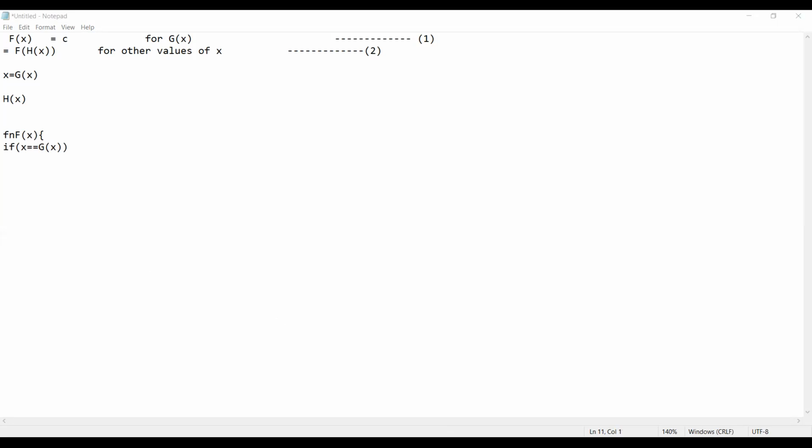If the condition is satisfied, then according to rule number 1, it will return C. Else it will return fn of f of h of x according to rule 2.